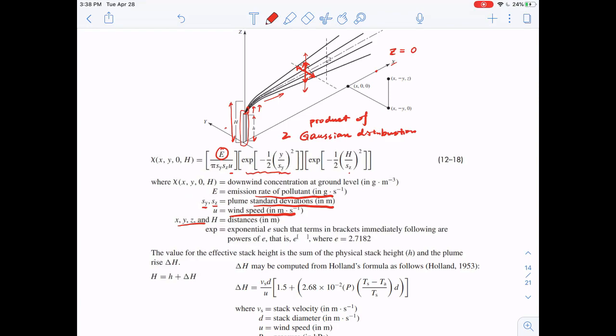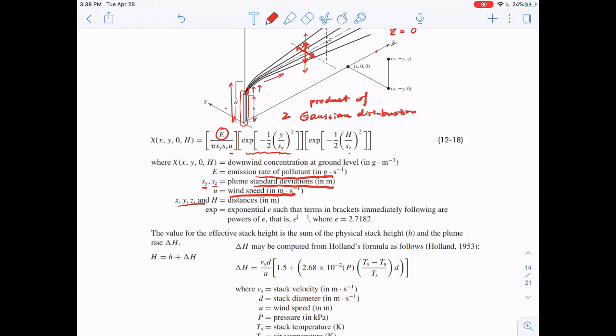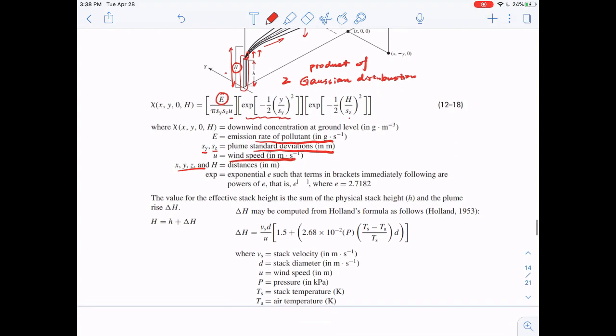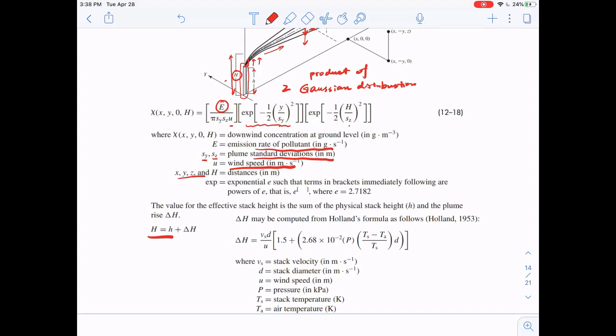Okay, and since we also involve the calculation of the effective height, we can use this equation to calculate the effective height, which is the sum of the original height of the stack plus this delta h. So the delta h can be further calculated based on the velocity of the flow coming out of the stack, right? The stack diameter, the wind speed, right?